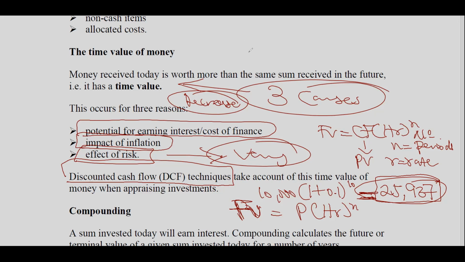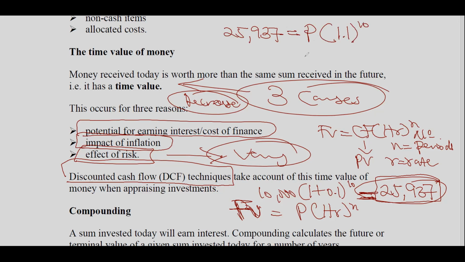What was the initial amount I put in the bank? The 25,937 I got in the bank was the result of some figure I put in the bank 10 years ago at 10%, not so?